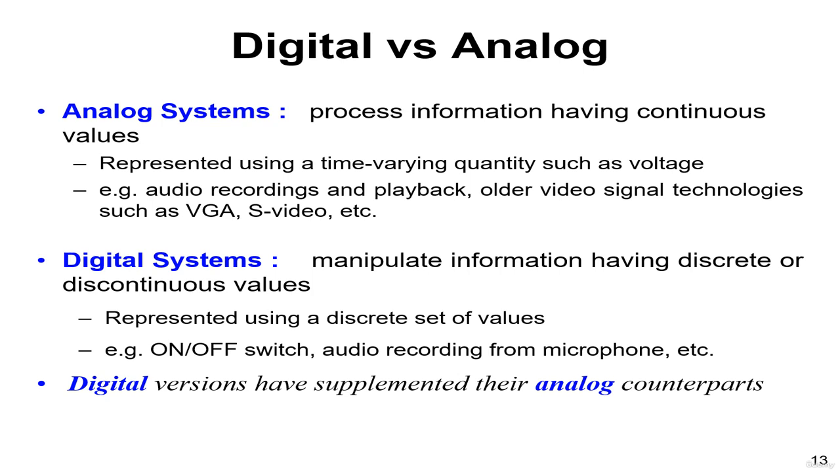Similarly, the speech that I'm talking right now, the audio recording from the microphone, although it is analog in nature, once it is recorded, it is converted into digital form and stored in the computer. Once you play the slides, this audio recording is played back and converted again from the digital format into an analog format.